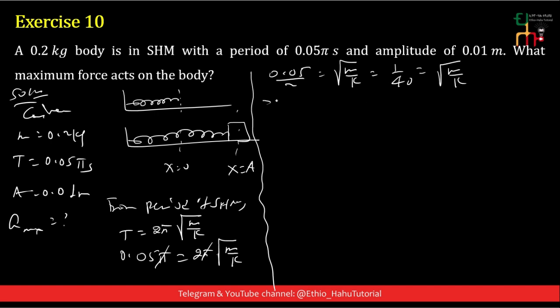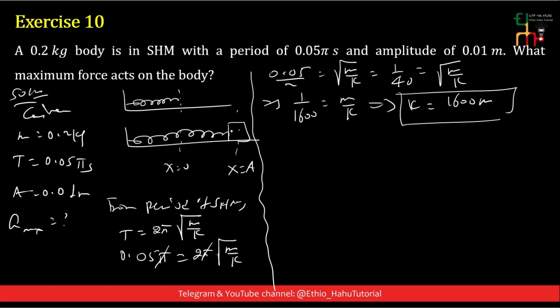Squaring both sides, 1 over 1600 is equal to m over k. Multiplying both sides by k times 1600, k is equal to 1600 m, where m is mass of the block.